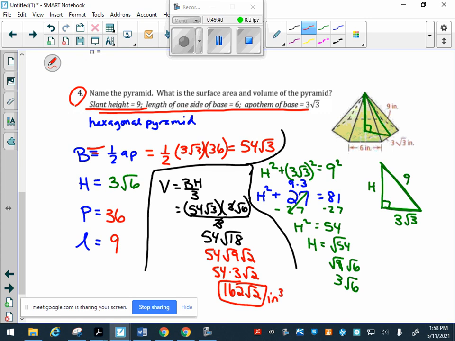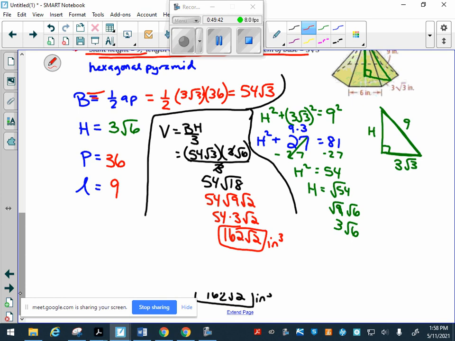Let's do surface area. 1/2 CL is 36, slant height is 9, plus 1B, 54 root 3. One half times 36 times 9. That's 18 times 9.